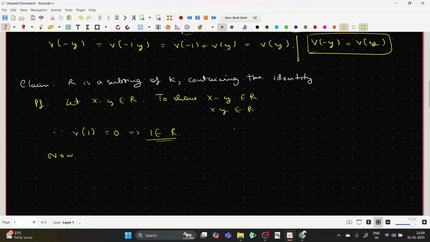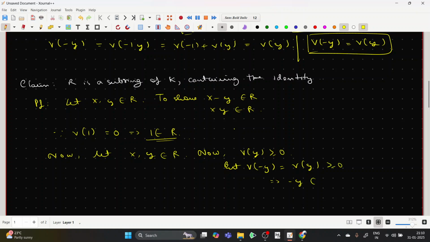Now let x and y be in R. This means the valuation of y is greater than or equal to 0, since y is in R, by definition. But we just evaluated that the valuation of the additive inverse of y is exactly equal to the valuation of y, and this is also greater than or equal to 0.